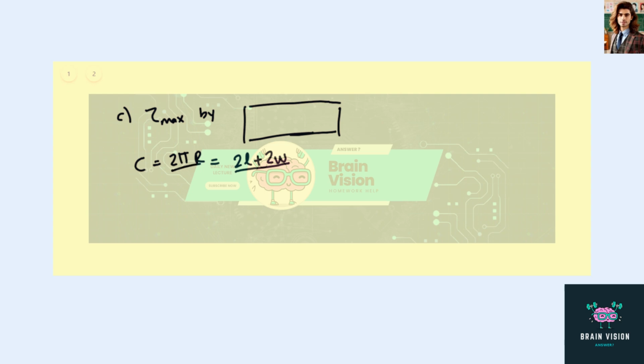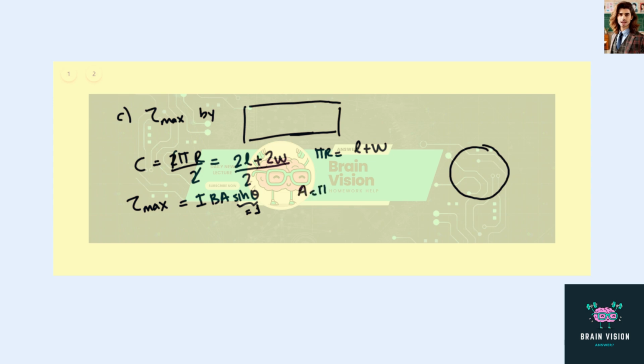Now from this equation, if we divide both sides by 2, we have pi r equal to L plus width. But when we're calculating the torque equation, we need, again, I, B, A sine theta. Again, the angle is going to be 90 degrees, so this term equals 1. We know the current, we know the B field, but the area this time, since we have a circular loop, is going to be pi r squared. This is what I'm trying to find.